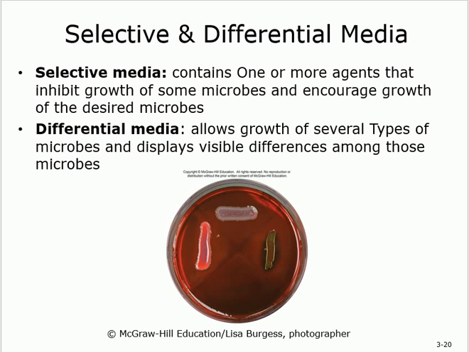I need a media to grow E. coli. And I get a sample that contains different organisms. When you put it in that selective media, what's going to happen? This selective media for E. coli is labeled E. coli. So selective media for E. coli, what's it going to do, even though you're adding a mix of culture, right? This media contains growth factors for E. coli and inhibiting factors for anything else.